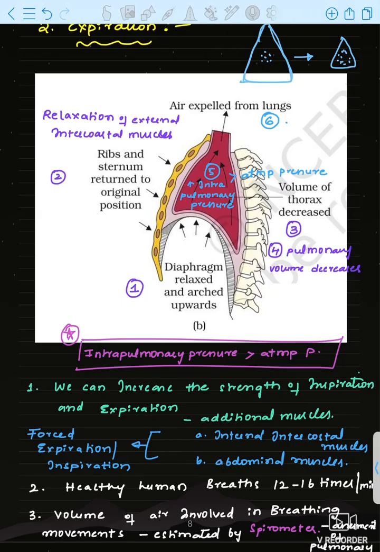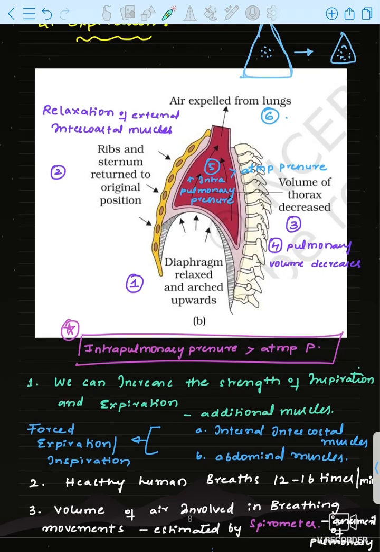See, intrapulmonary pressure, look at the lung size, pressure will be more from all the sides, no? So intrapulmonary pressure is more, and atmospheric pressure in comparison will be less. That's why air will move from high concentration to low concentration. Air is expelled from the lung. So once again I will tell what is expiration. First of all, diaphragm will be relaxed.